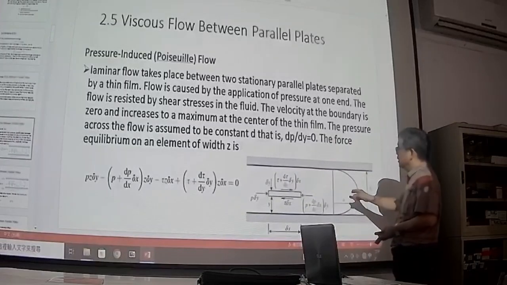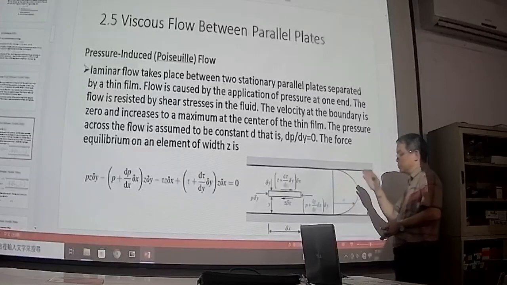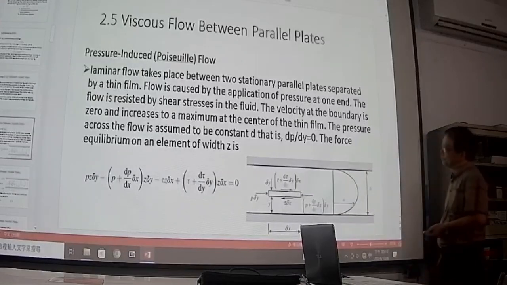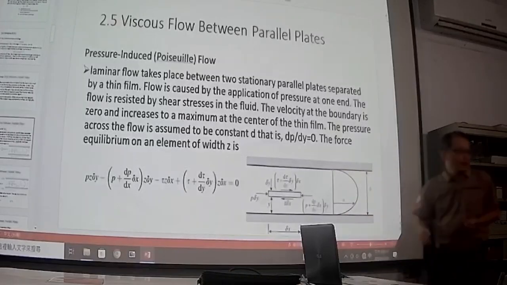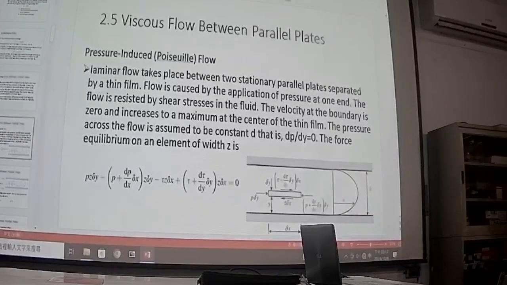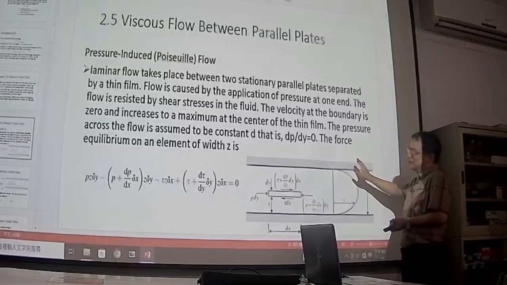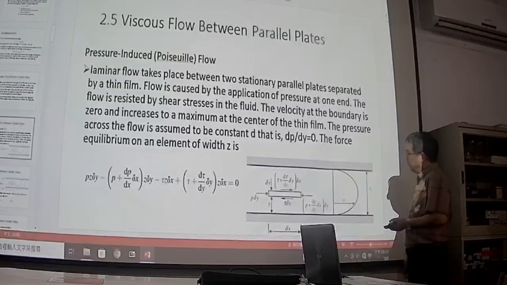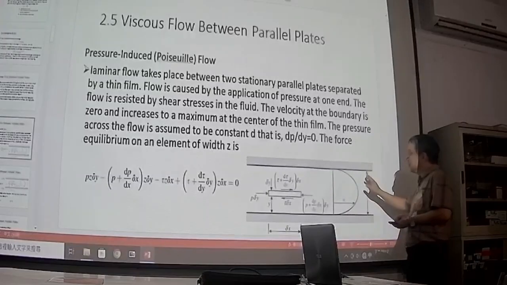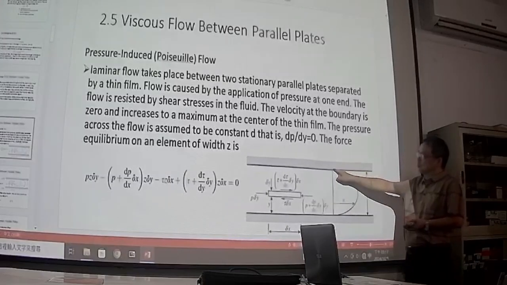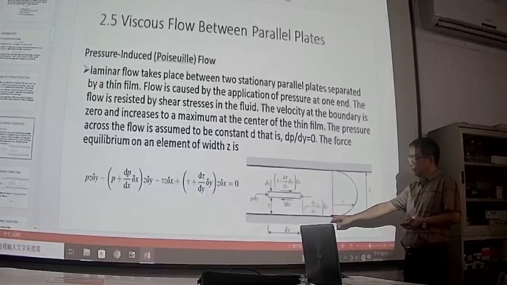So this is the velocity distribution for the lubricant. We first consider the simplest case, where both of these two plates are fixed. So the velocity at this point is zero, and the velocity at the point above is also zero.